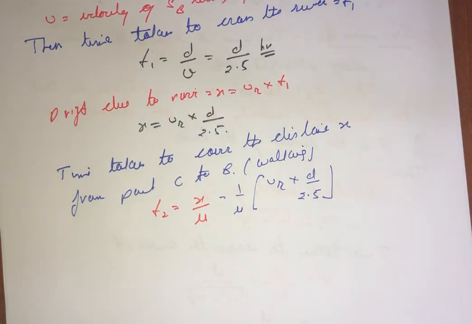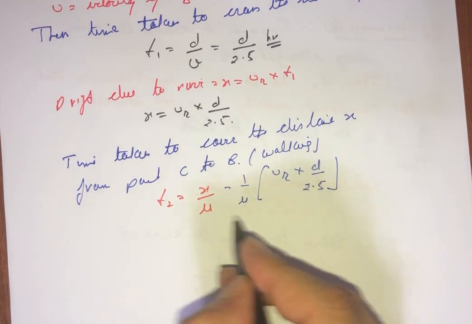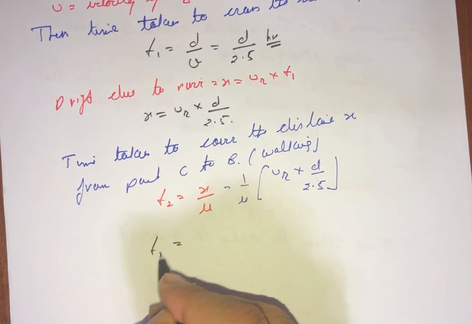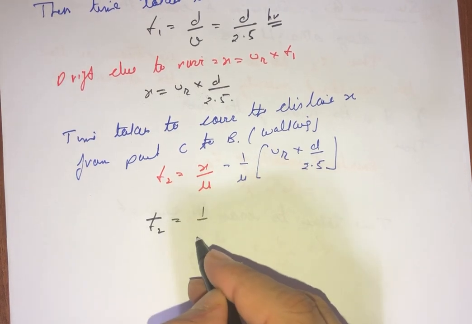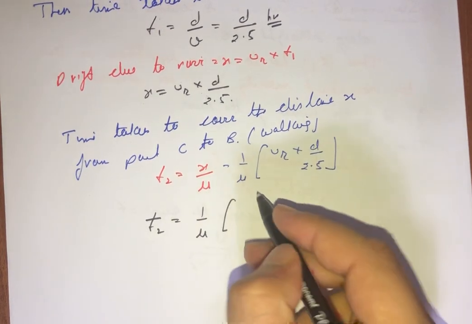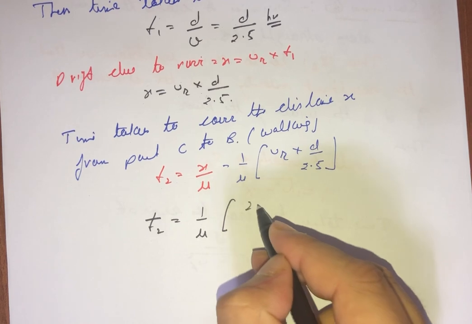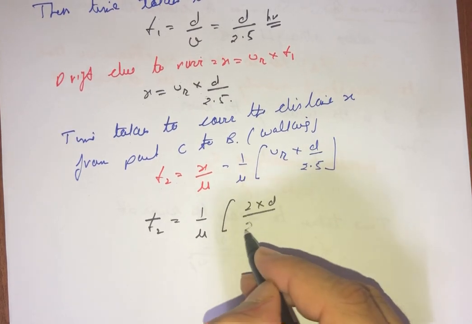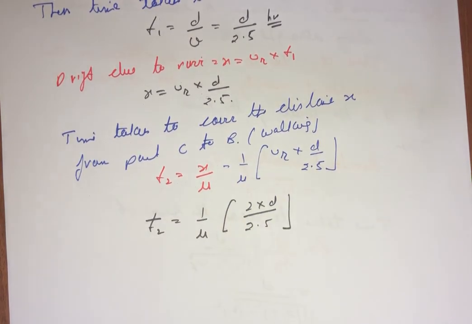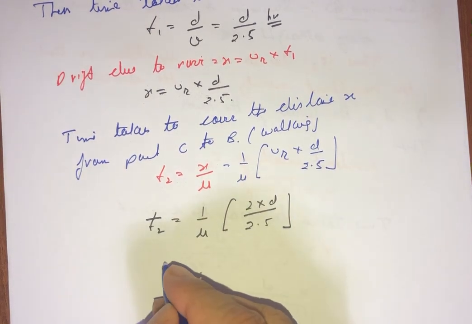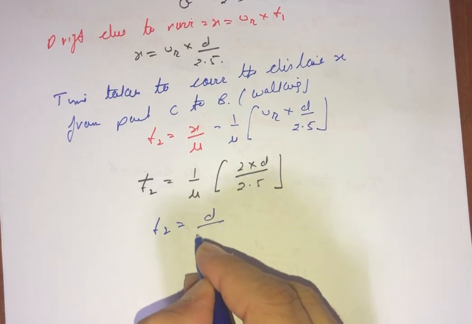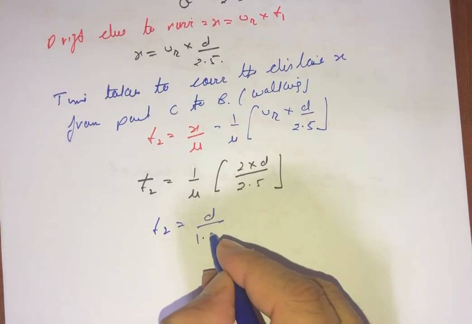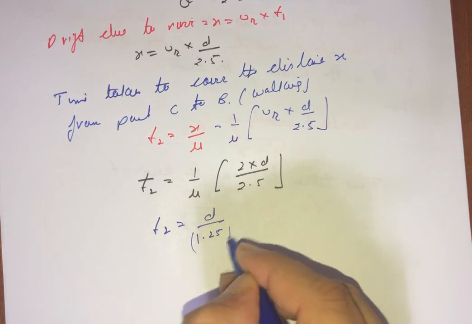Okay, so t2 can be written as 1 upon u, vr is given as 2, so 2d divided by 2.5. Okay, so we can write t2 will be equal to d divided by 1.25 times u.